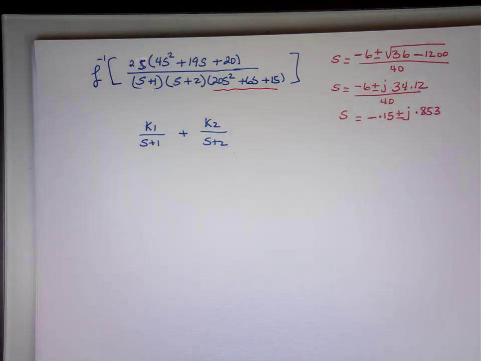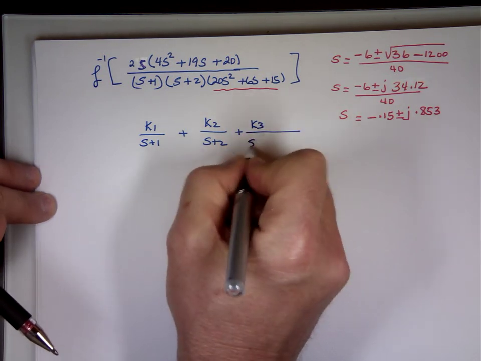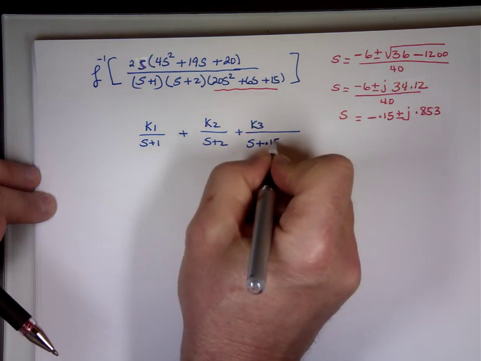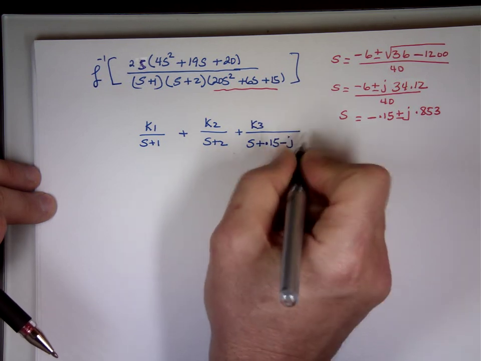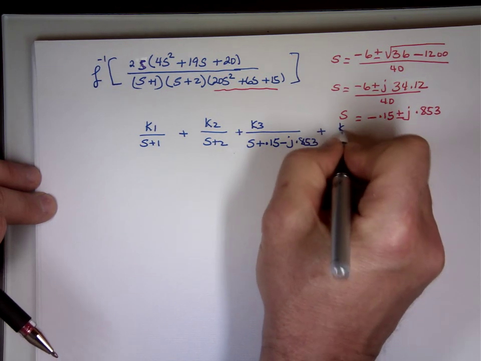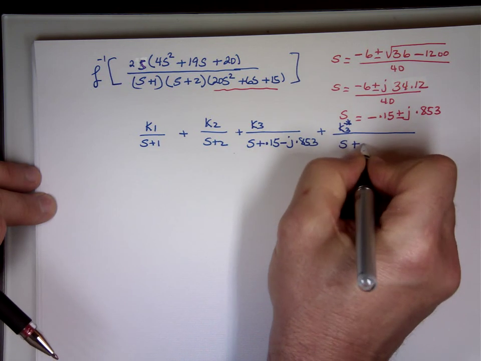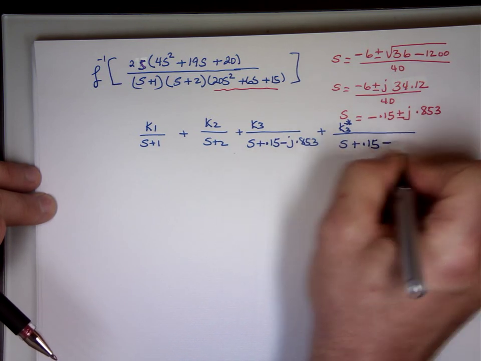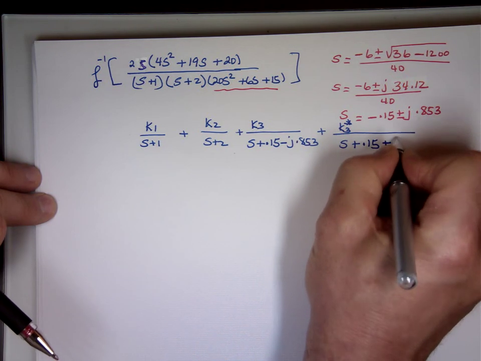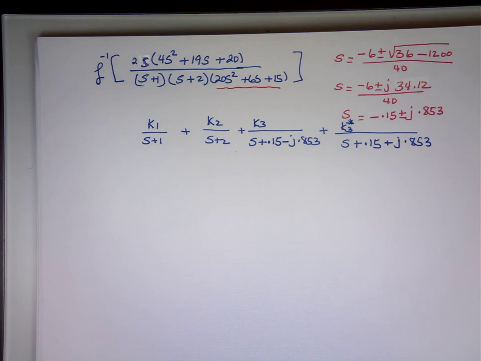So when you write that, you can write plus K3 over s plus 0.15 minus j 0.853, plus K3 conjugate over s plus 0.15 plus j 0.853. And I can use my shortcut that I learned last class to find K1, K2, and K3.